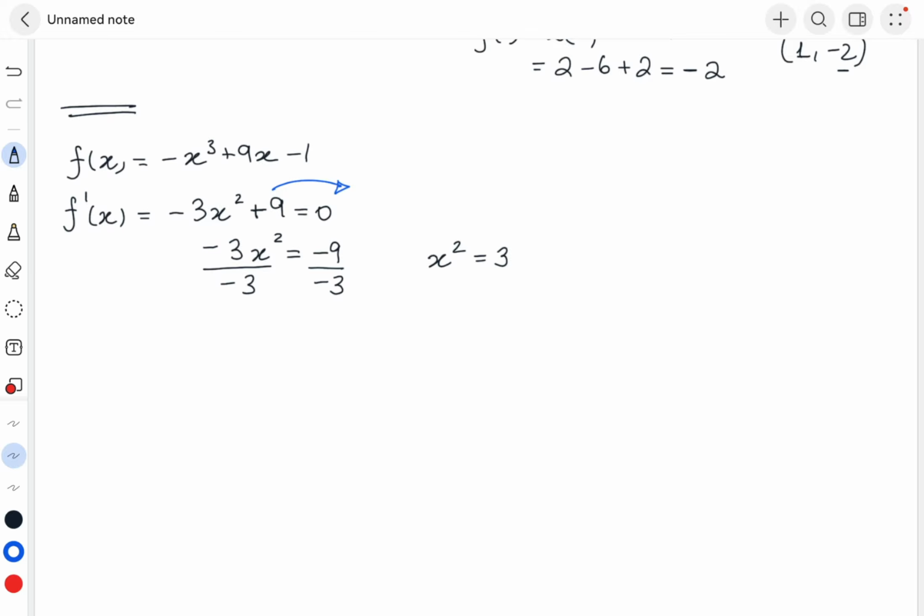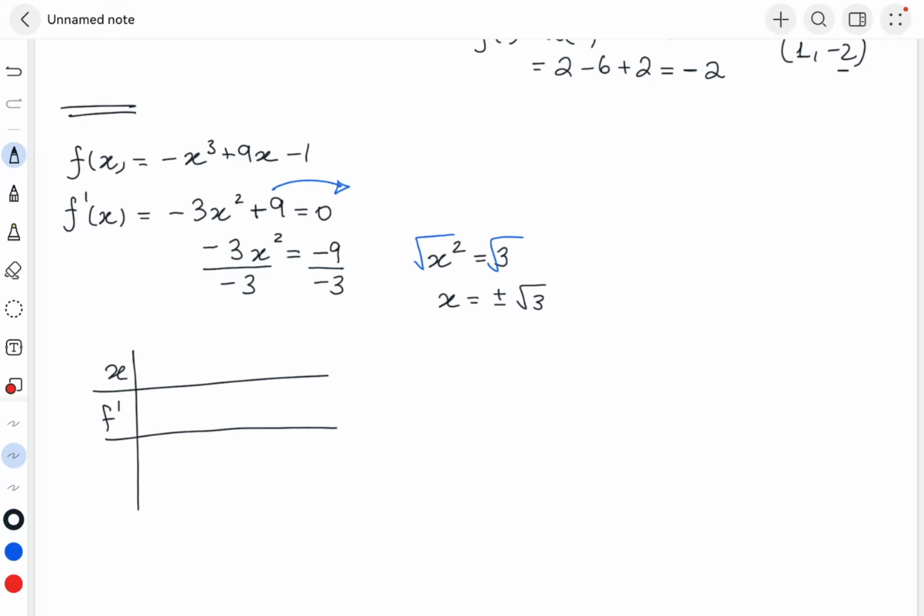Now, since we have x squared equal to 3, we need to take the square root of both sides. So we'll be left with x equal to positive or negative radical 3. We do the table: x, f prime, f, and our domain here is from -infinity to infinity, since we don't have any conditions.